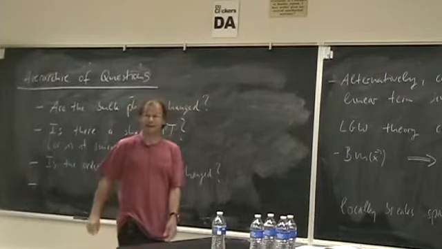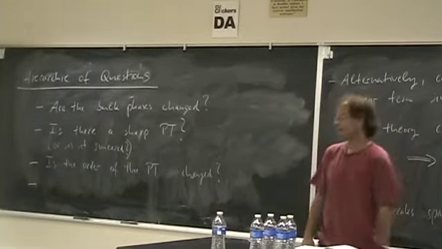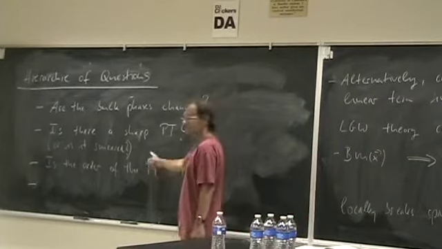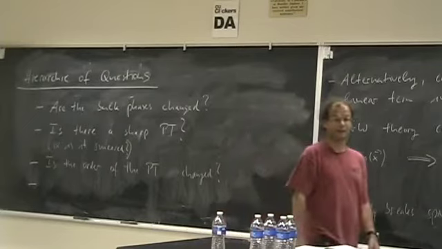That's the third question. And now if we convince ourselves that we now do have a critical point, right? So let's assume the phase transition is actually continuous. Then we can ask, what about the critical behavior, right?